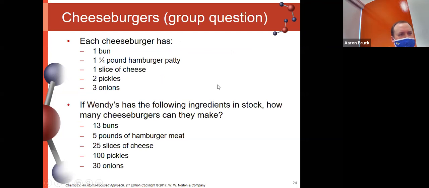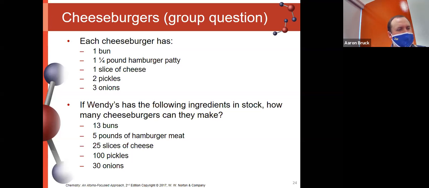Under this scenario, if Wendy's was undergoing a major shortage, kind of like most places were somewhere around March and April, and this is all that they had on hand, how many of us could they serve? Take a second, try to figure it out. Each cheeseburger has a bun, a quarter-pound patty, slice of cheese, 2 pickles, 3 onions.